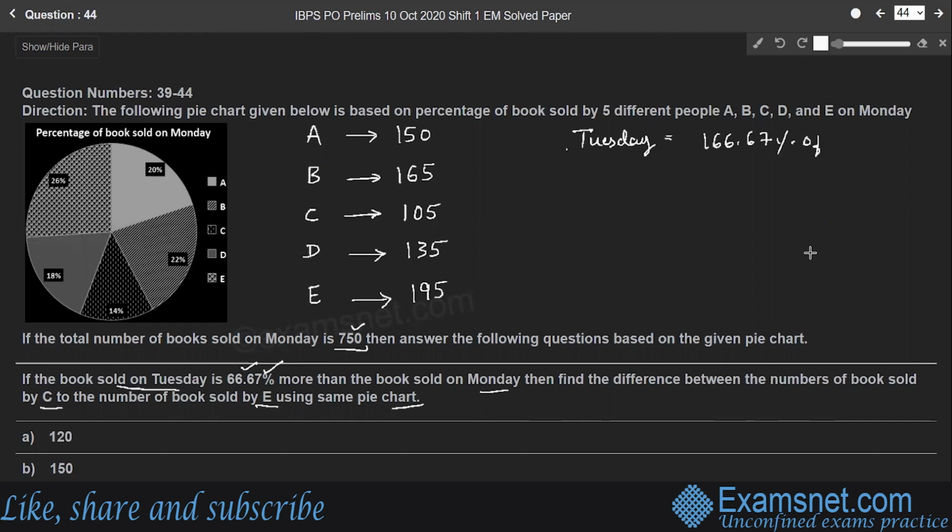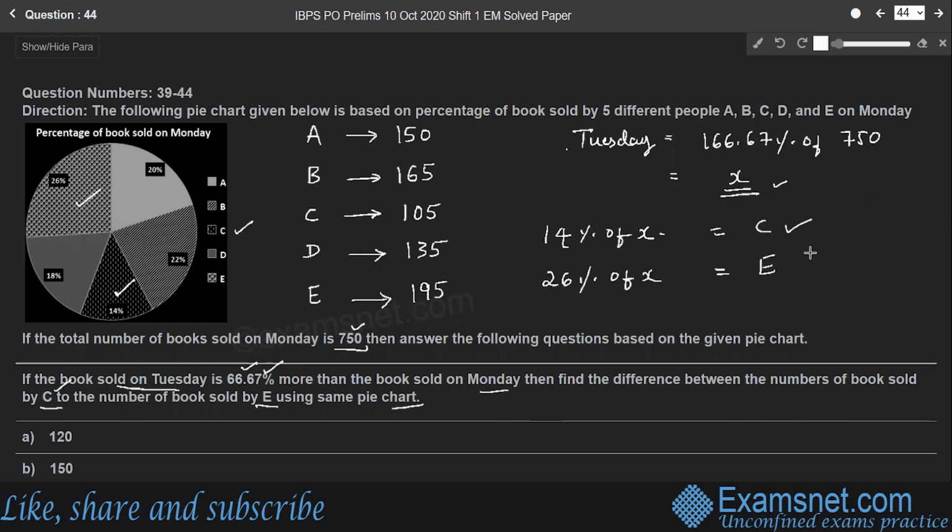That means 166.67% of 750. Right? So you'll get some number. Let the number be X. So this X is the number of books sold on Tuesday. Based on the value of X, we have to find the number of books sold by C. According to the pie chart, C sells 14% of X books, and E sells 26% of X books.